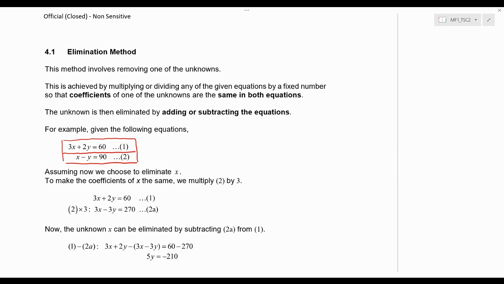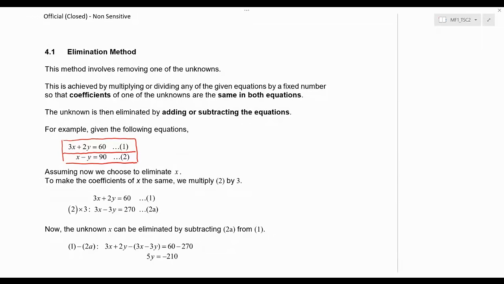Given these two, the elimination method is to choose to eliminate one of the variables. There is no hard and fast rule on which one you must eliminate. You can choose to take away x, or you can choose to take away y, whichever is easier for you. There are many ways to do elimination. You can do addition, you can also do subtraction.